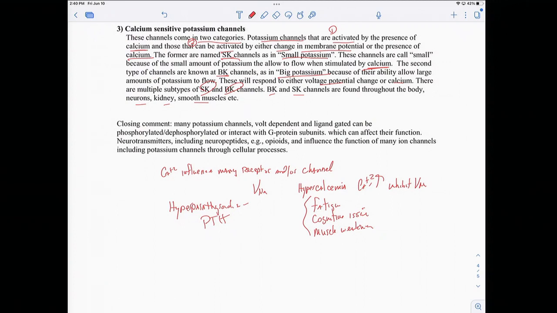So your calcium levels are going to go up if you have too much parathyroid hormone. And if you have that, then you have elevated levels of calcium. And then the classic profile for someone who is struggling with too much parathyroid hormone, or hyperparathyroidism, is going to be fatigue, cognitive issues, and muscle weakness. And that's one of the reasons why.